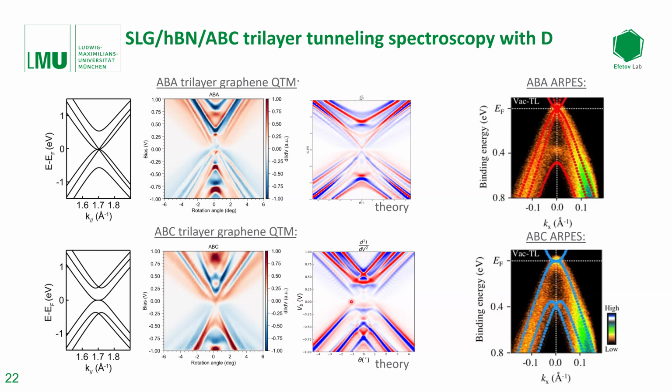Currently we're again modeling this and trying to understand all those features, with the hope of soon being able to image with the QTM rhombohedral graphene phases, also rhombohedral graphene aligned to HBN and things like this.